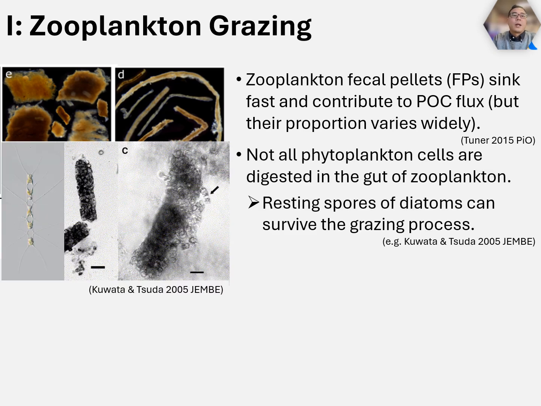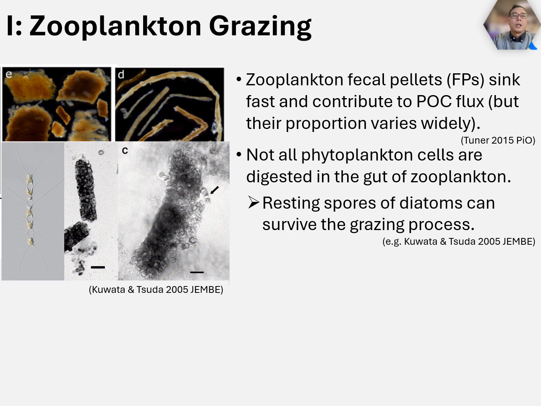Of course, the faecal pellets are digested materials, so the phytoplankton cells are digested largely. However, a part of phytoplankton cells are not digested, for example, the resting spores of diatoms. This figure is from Kuwata and Tsuda.